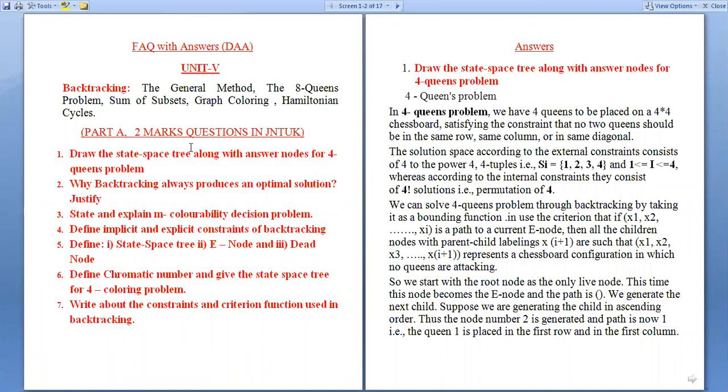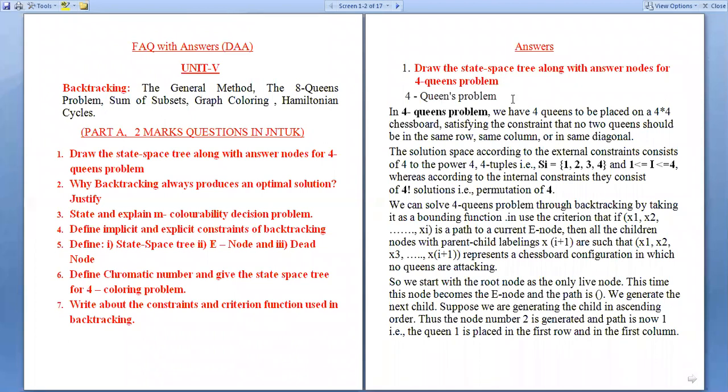Now we need to draw the state space tree along with answer nodes for the 4 queens problem.